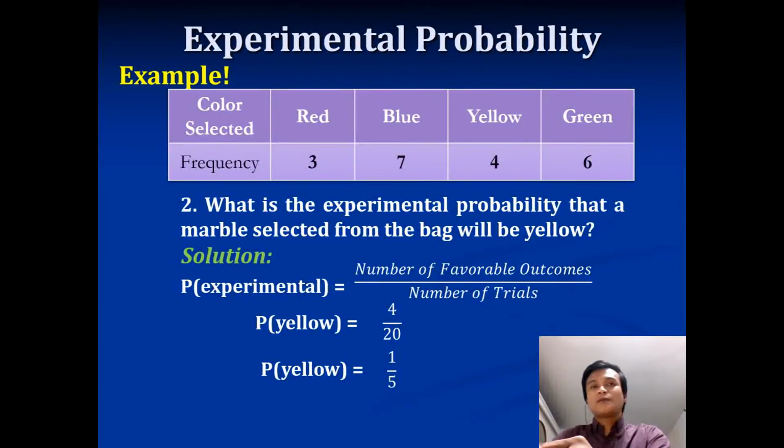So the probability that yellow is selected is 4 over 20, because he selected yellow 4 times out of 20 trials. So P(yellow), the experimental probability that it is yellow, is 1 over 5, because we simplify 4 over 20 to 1/5.